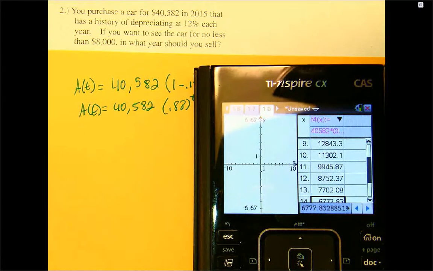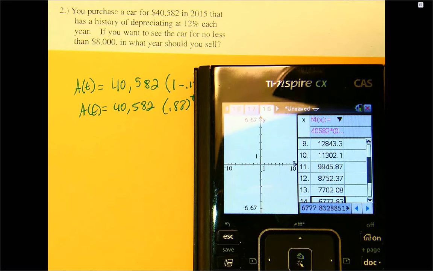So you can actually plug it into your calculator, type in the function in the graph, and Control T gives you the table of values. And you can figure out it's going to be somewhere between 12 and 13.